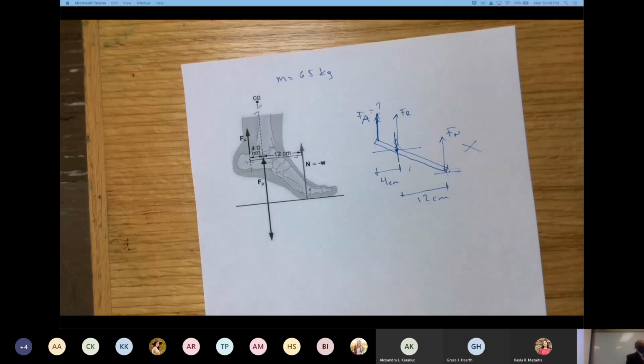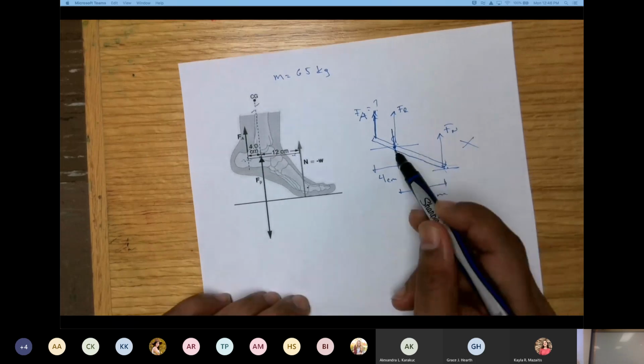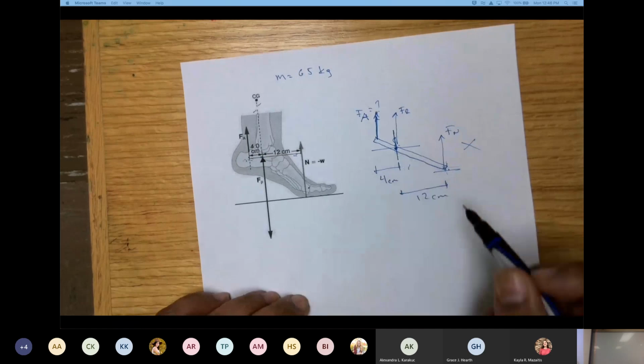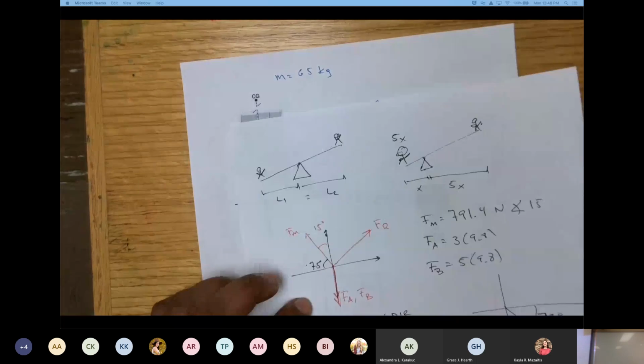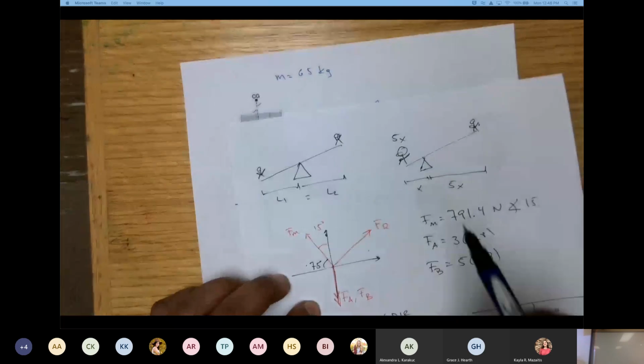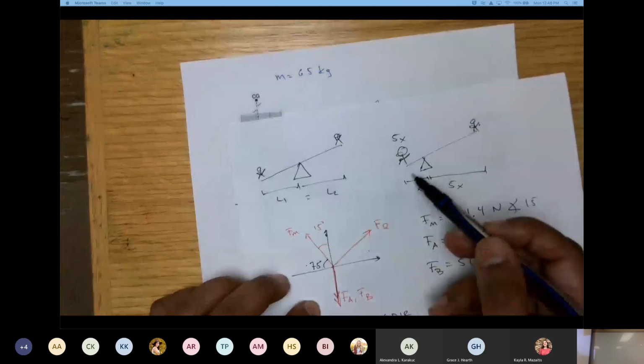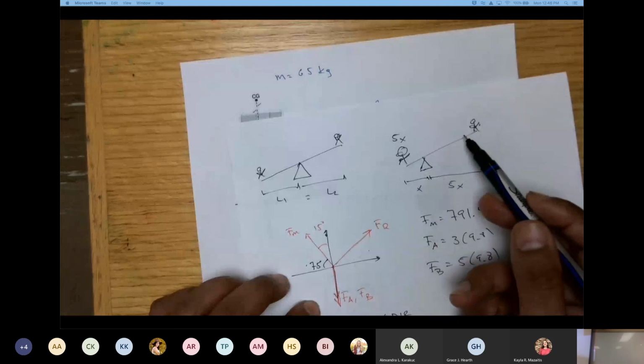Now, this configuration with the pivot point in the center is the one that we were talking about just a minute ago. That's your seesaw configuration. The pivot point is right there in between the two loads, or the two forces.